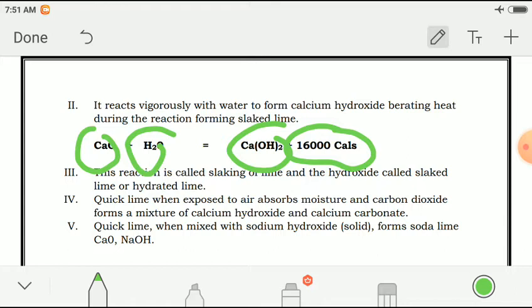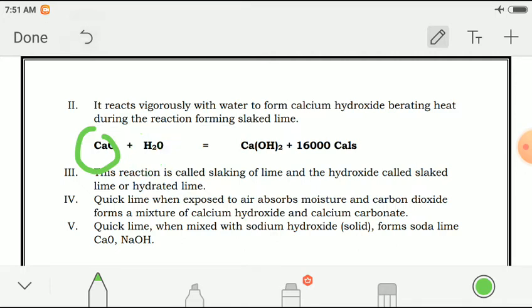This reaction is called slaking of lime, and the hydroxide is called slaked lime or hydrated lime. Quick lime, when exposed to air, absorbs moisture and carbon dioxide, forming a mixture of calcium hydroxide and calcium carbonate.